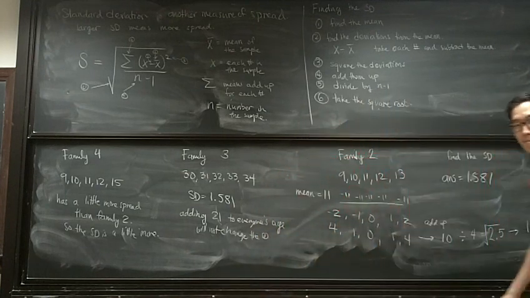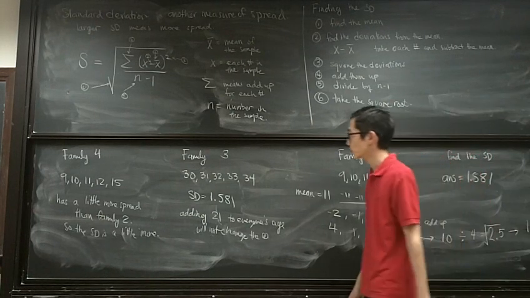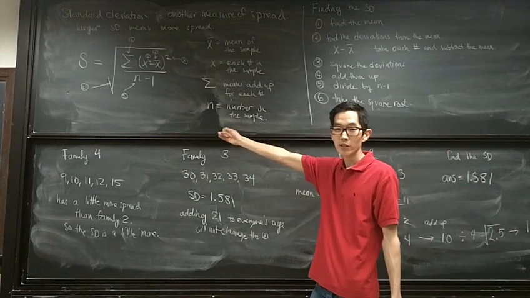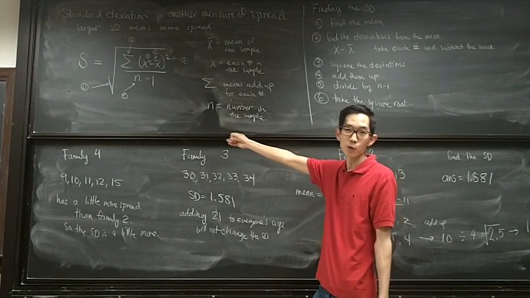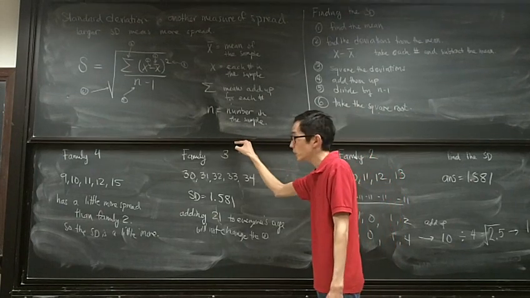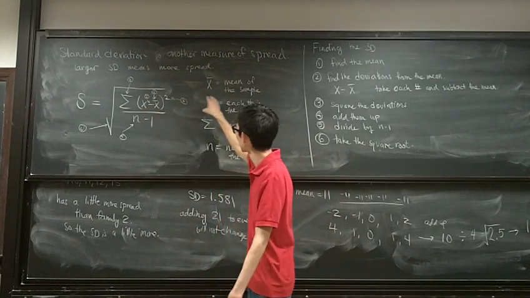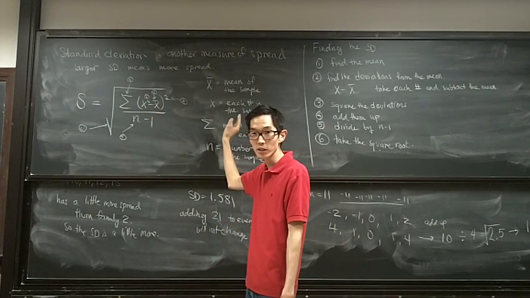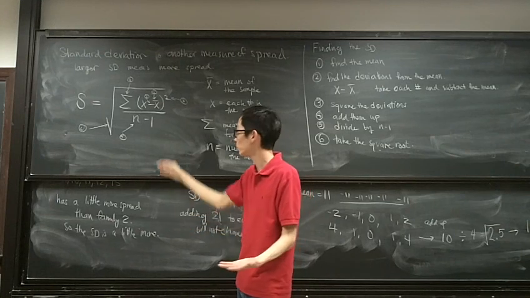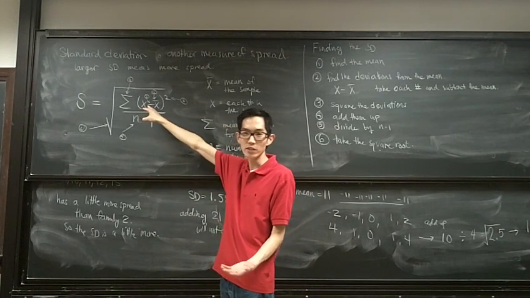Yes? If you were to use the formula, do you have to put each of the numbers in the formula and do it over and over again? Okay. Yeah, this is why I don't like encouraging formulas, okay? You cannot just plug numbers into this formula. Why not? Because this x represents each number in the sample, okay? So there's 5 numbers in the sample. You can't put 5 numbers in here, okay?